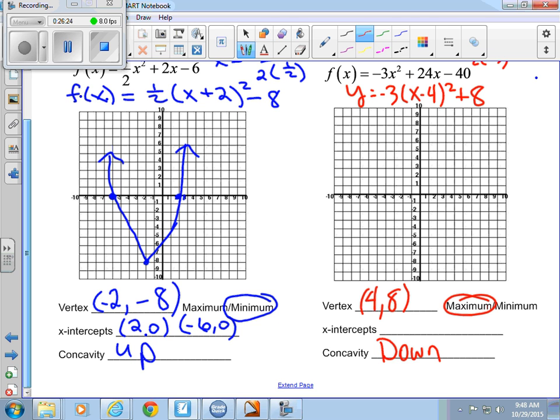Is that what we got? And what about these? Point what? 6.3. Those are the 2 x-intercepts. On our graph, we're just going to have to estimate where those fall. Any questions about that?